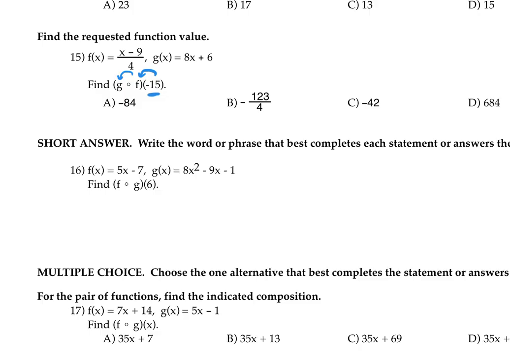So some people, and it kind of depends on what makes the most sense to you. I saw some people that did this today, and it made more sense to them. They wrote it out like that. They put F into G, right?